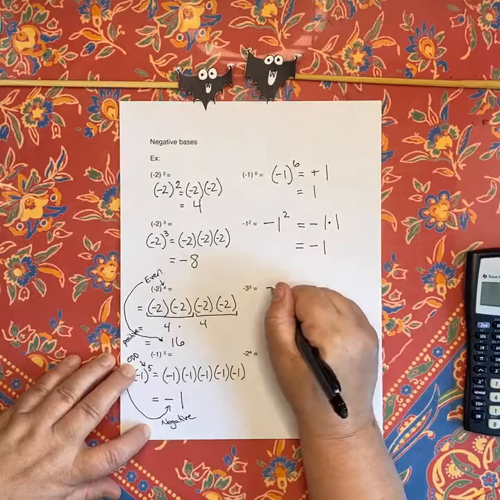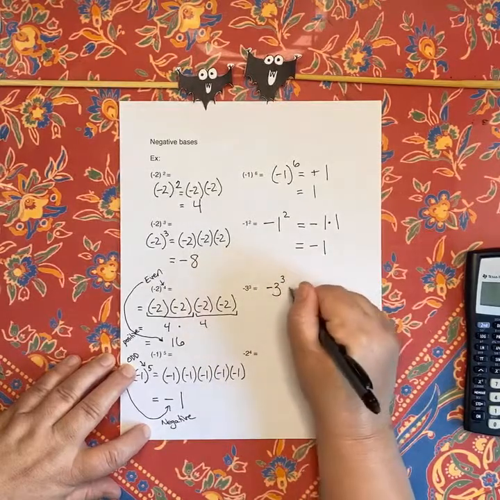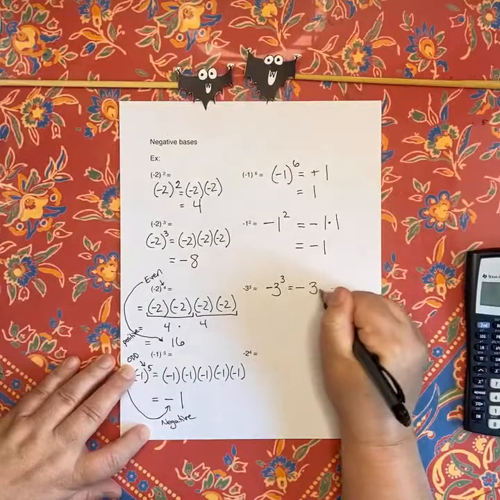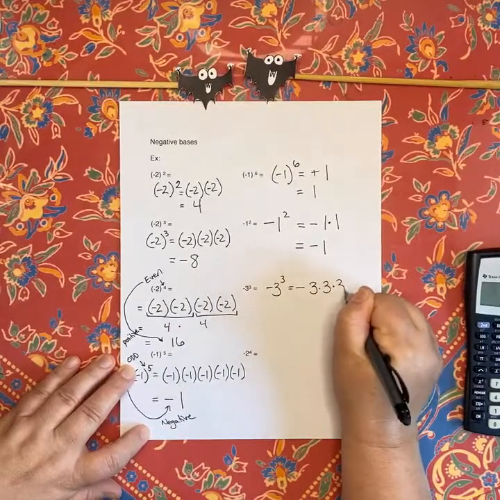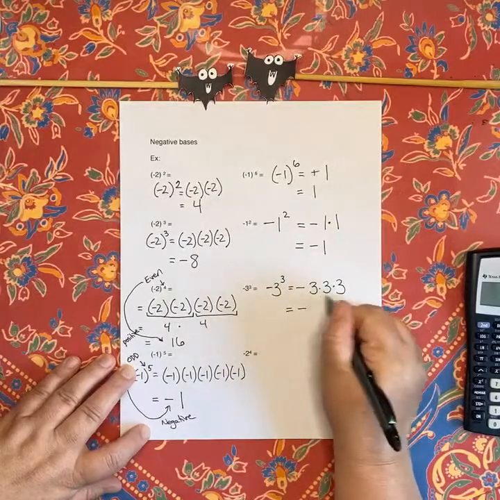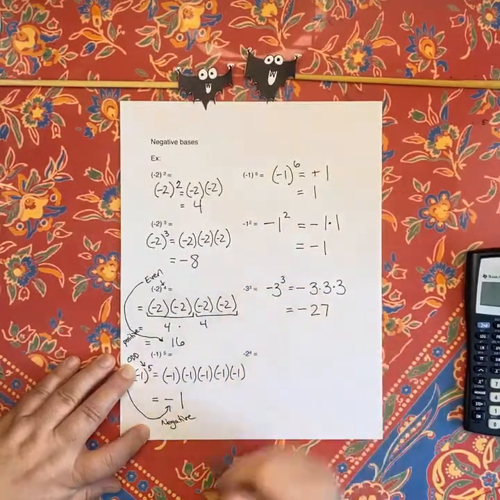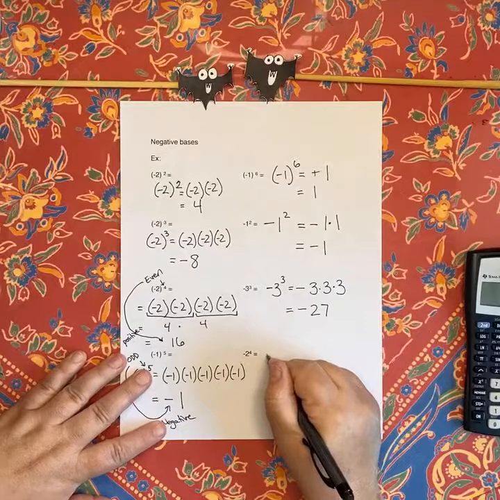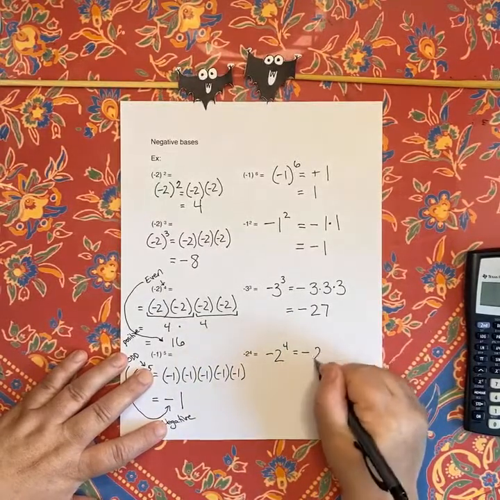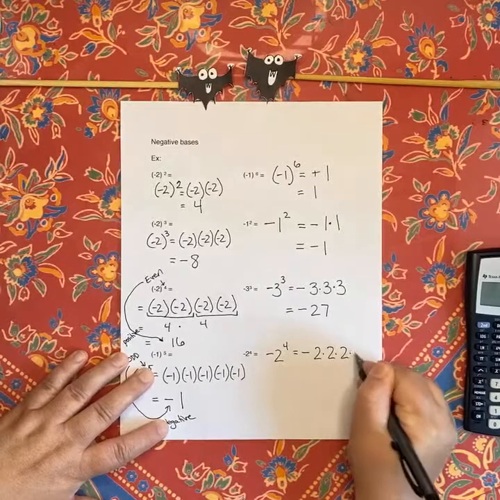Same thing here. -3 cubed looks like this. The minus hangs out, and the 3 gets cubed. And again, 3 cubed is 27, so we get -27. How about this one? -2 to the 4th power is 1 minus and 4 2s.